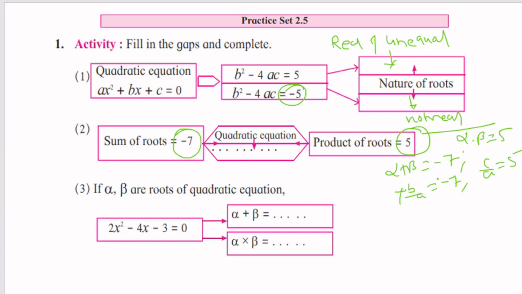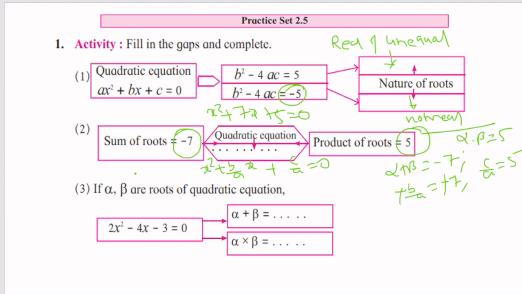So it will get cancelled. What is your equation? x square plus b by a x plus c by a equal to 0. Substitute the values, you'll get the answer. What is the answer? So x square plus 7x plus 5 equal to 0. That's your answer.